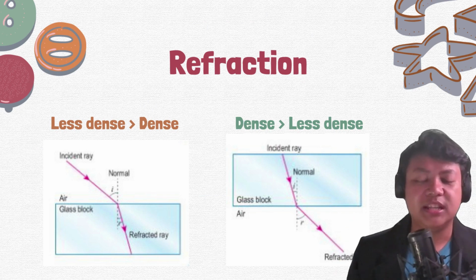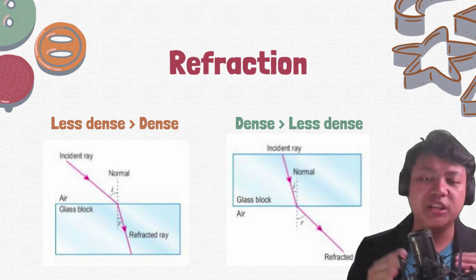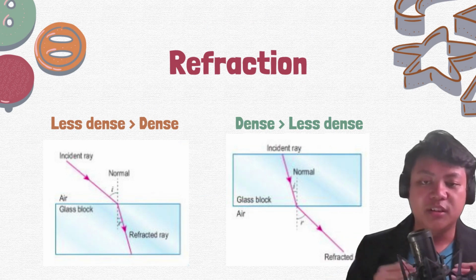And if the light travels from an optically dense medium to a less optically dense medium, it will refract outward away from the normal line.